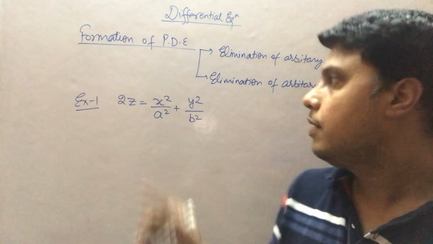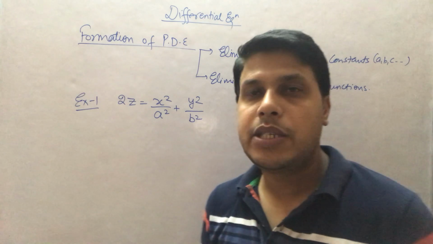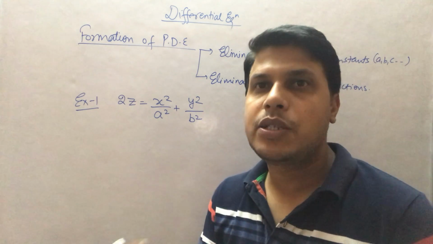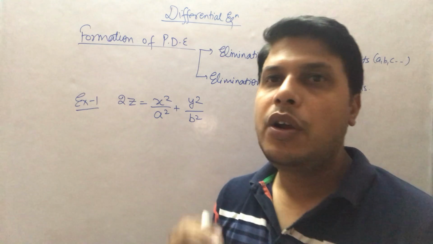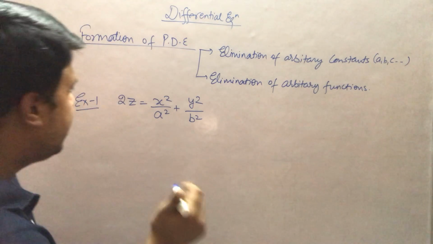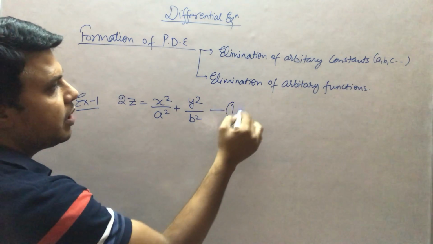So friends, you can see in the example, 2z equals x square upon a square plus y square upon b square. As I told you, we have to eliminate a and b, or we can say a square and b square, from this equation to form the partial differential equation. So what are we going to do? This is equation number 1.